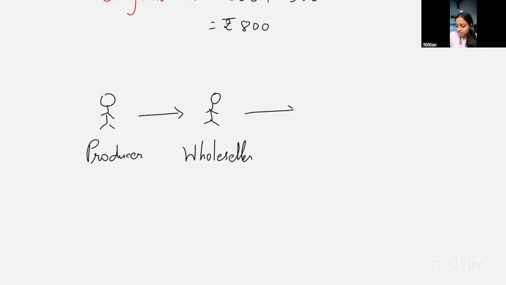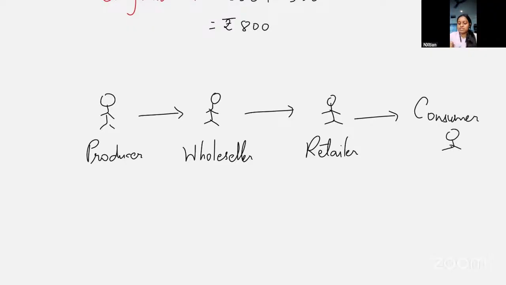The wholesaler sells it to the retailer. And the retailer sells it to consumers. This is a supply chain.